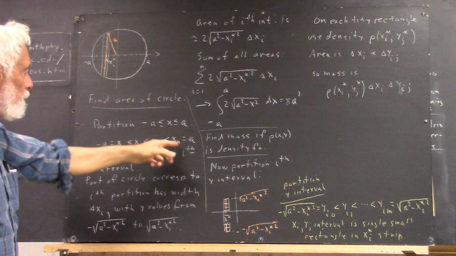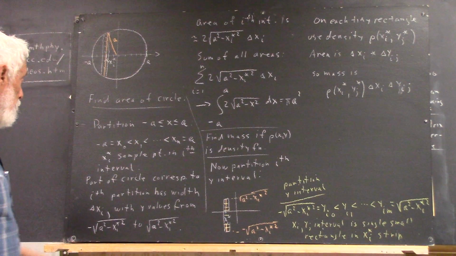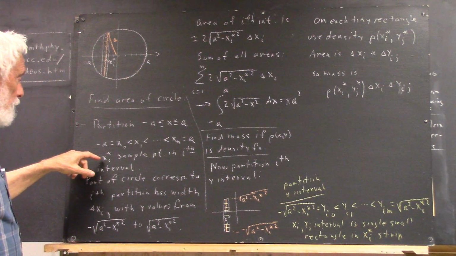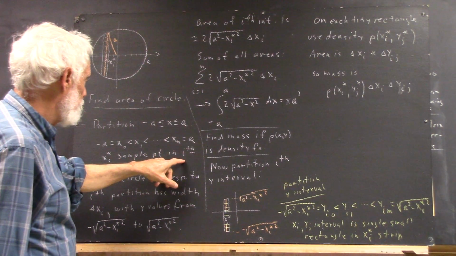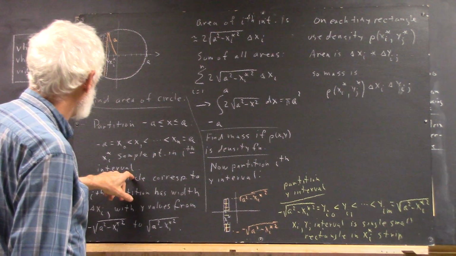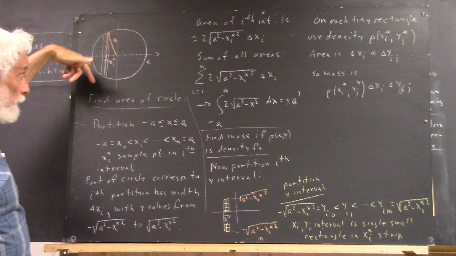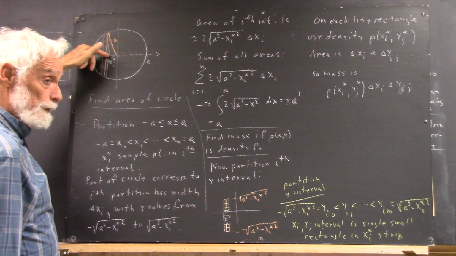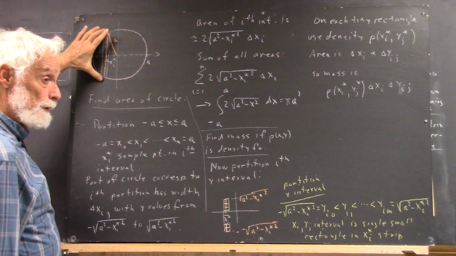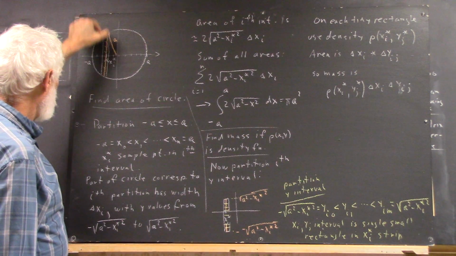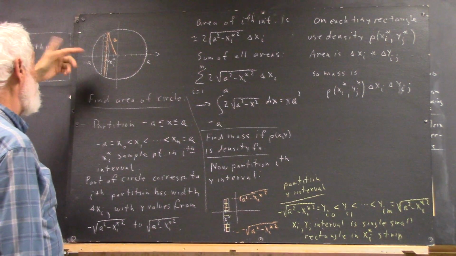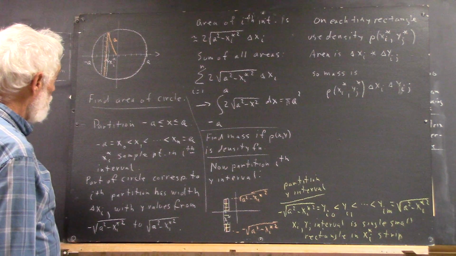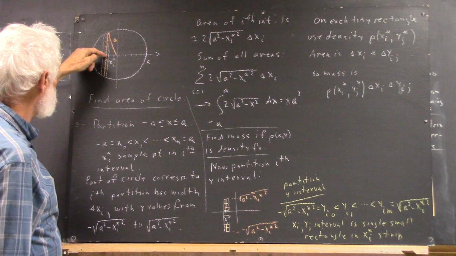Now, in each interval of the partition, we have a sample point that I'm going to designate by x sub i star, and that will be the sample point in the ith interval. So let's assume that what I've got here represents the ith interval, the part of the circle that corresponds to the ith interval, the vertical strip corresponding to that subinterval, and a sample point x sub i star.